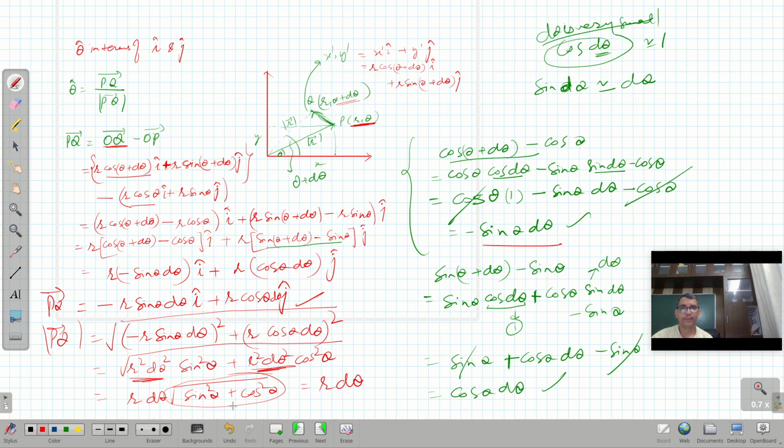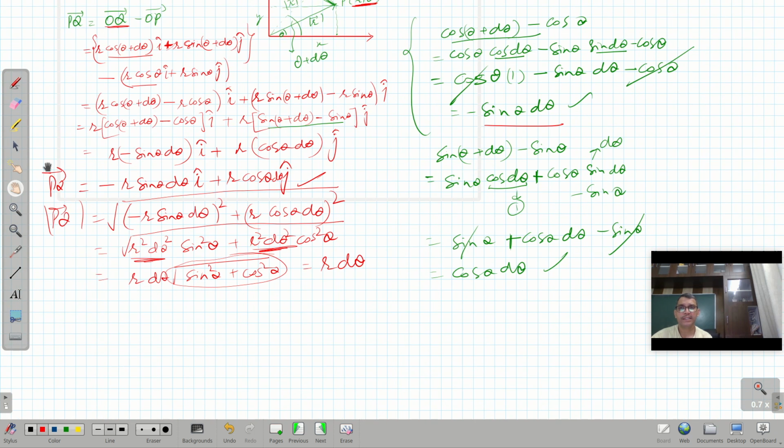So theta cap, which we have defined here, is the PQ vector over the magnitude of the PQ vector.